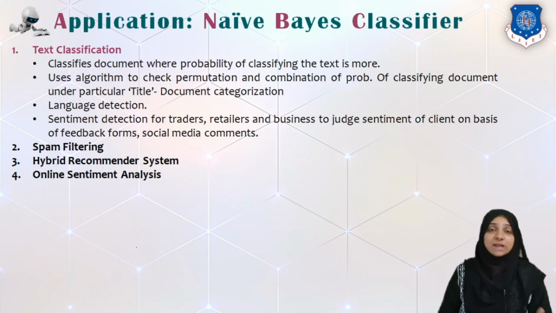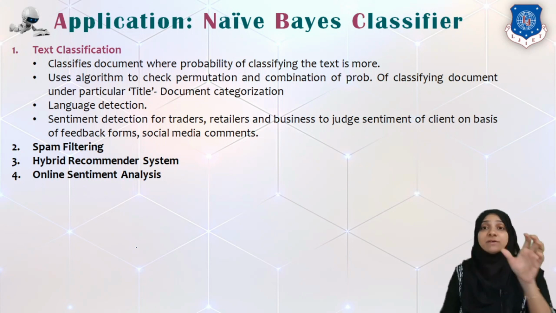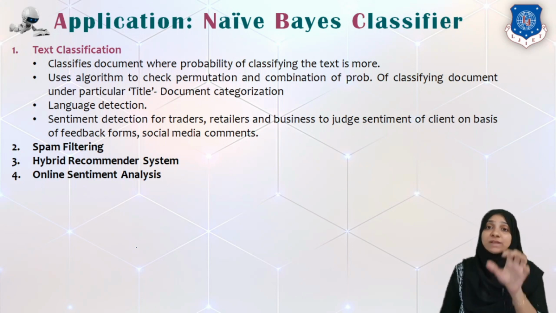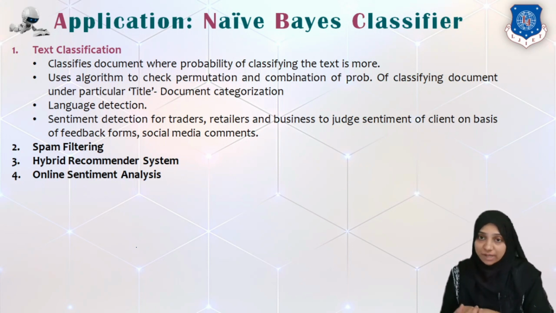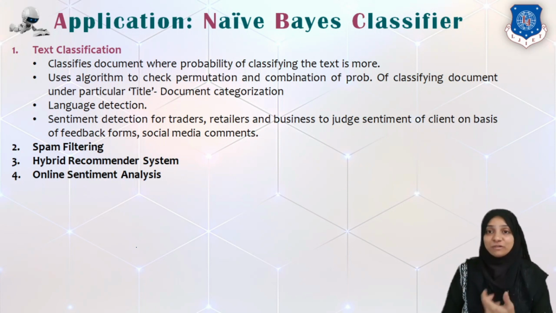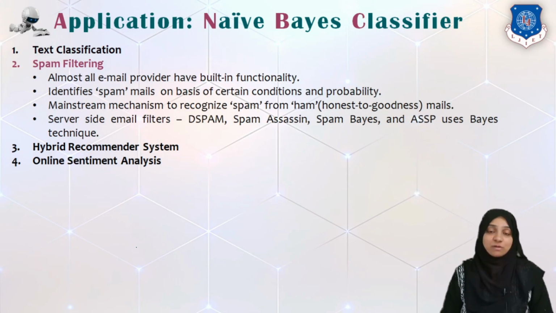Basically, customers write long reviews, and from those reviews, according to the occurrences of the words, we detect whether it is a positive review or a negative review. So Naive Bayes solves these kinds of classification problems also.